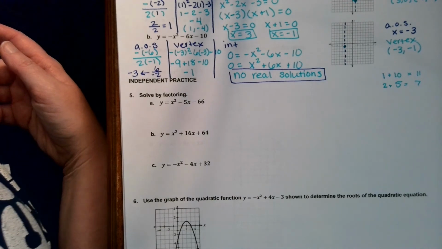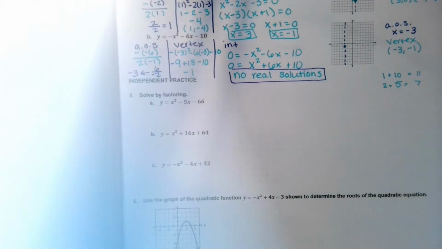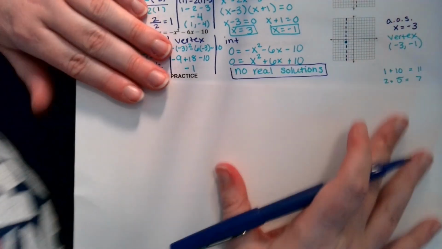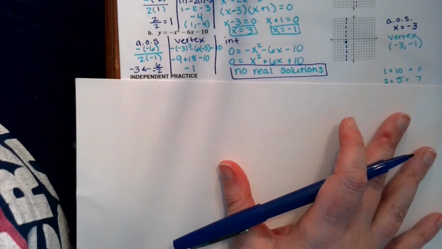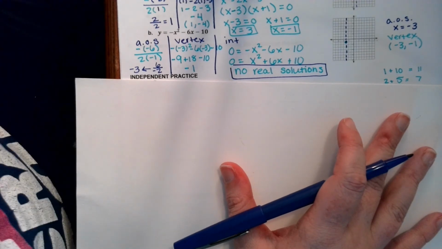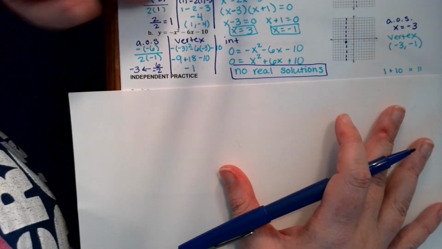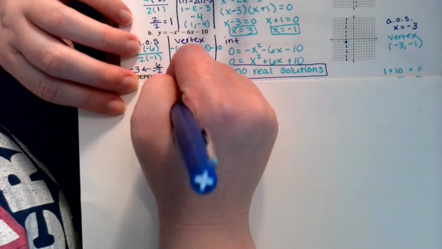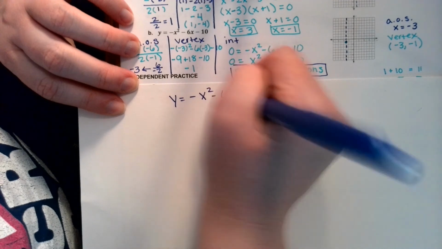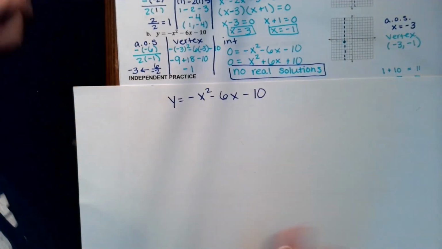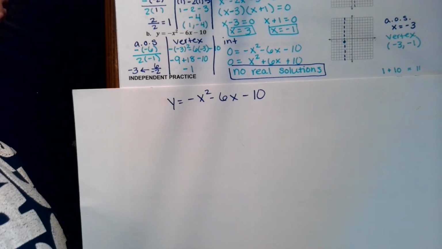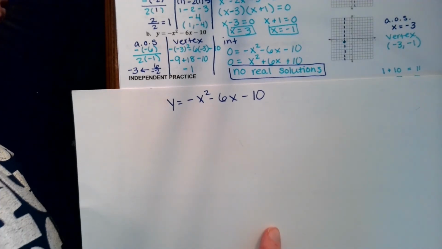Okay, I don't want to confuse anybody. So what we're going to do is pick one more number. One number is going to give us 2 points because we have an axis of symmetry.